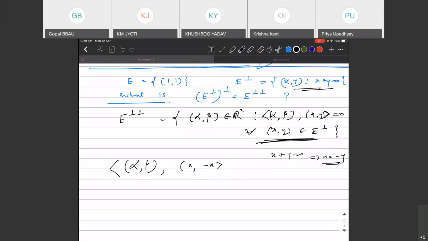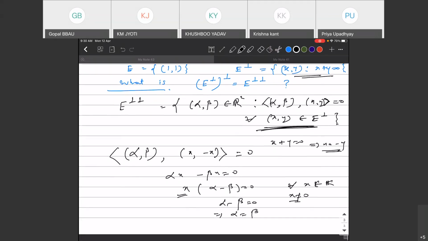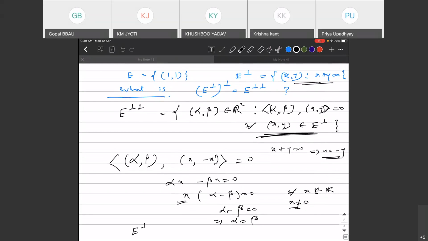Yes, sir, it's 0. Oh, but I'm writing alpha x, beta minus x. One minute. This is 0, so this is alpha x minus beta x equal to 0, so x times (alpha minus beta) is 0. If x is non-zero, and this is true for all x in K, then alpha minus beta equal to 0. This means alpha equal to beta. So what is the set E perp perp then?